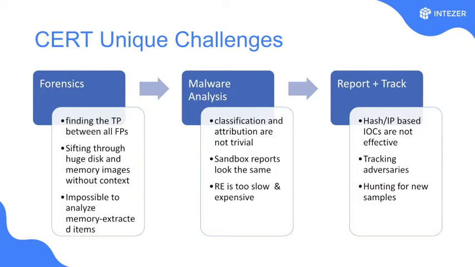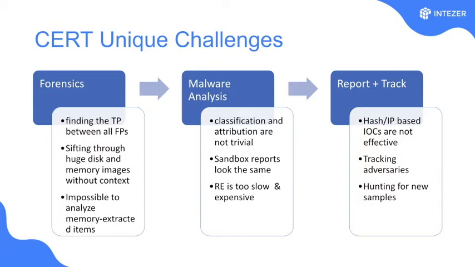For example, it's malicious 5 out of 10. Okay, but what should I do with it? How should I prioritize this specific alert compared to other alerts you have as national CERTs? And of course, the reverse engineering process is expensive and takes too long. It could take days to analyze a whole file properly.